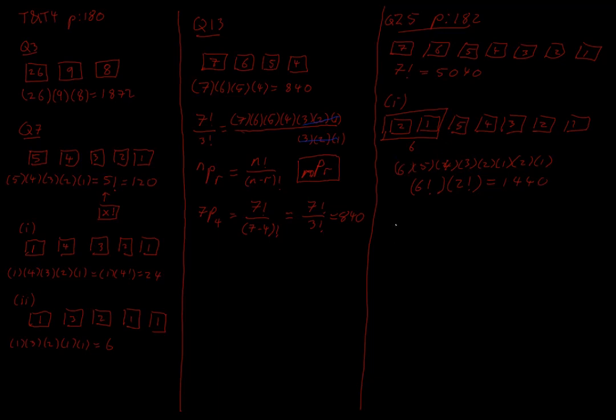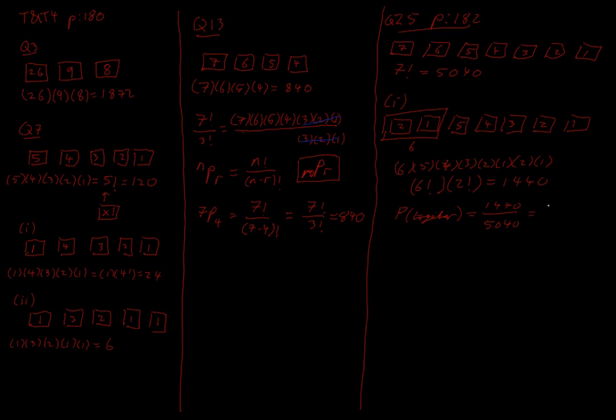Now, if we look at the probability of the twins being together, we aren't asked this in the question, I'm using it as an extension. P(together) for our twins would be the number of times that the twins are together divided by the total number of ways that we can arrange our children without any restrictions.